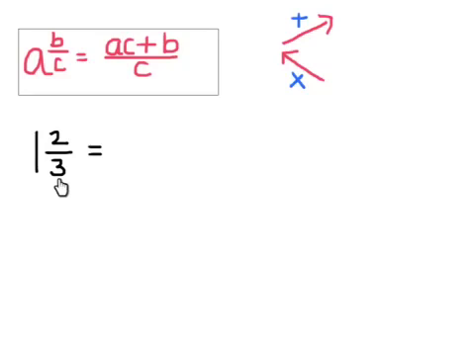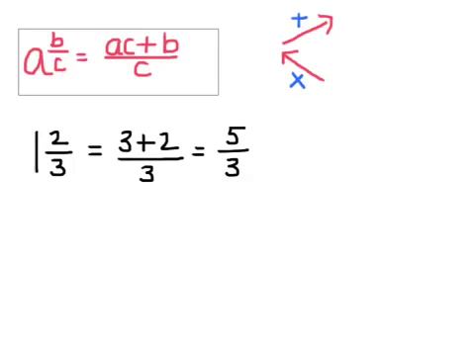So what does that give us? 3 multiplied by 1 is 3. Then we add the top number, which is the numerator of the fraction, 2. Then we divide by the bottom number of the fraction, which is 3. So that gives us 5 over 3.